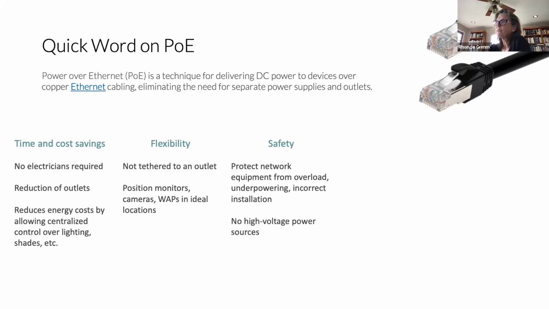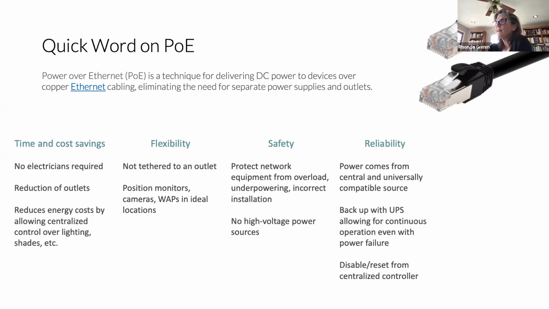It's safer. There's no high voltage power sources. You don't have to worry about power overload. They're reliable. And also you can throw a universal power supply on them, and you won't have any power failure. And they're scalable. You can put a bunch of stuff out there. As you can imagine, it's a little more expensive, as always, but you may run into those terms as well.